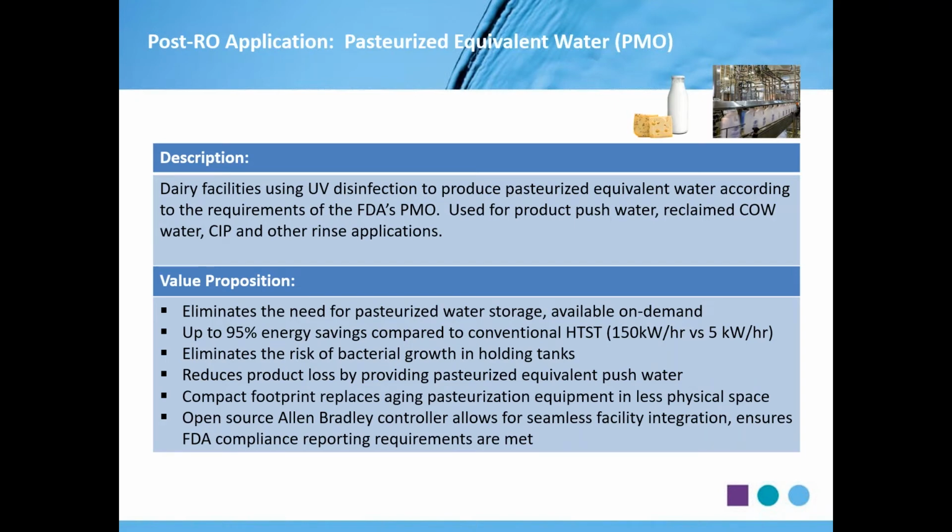So we see this in dairies for use as product push water, reclaimed cow water, CIP applications, and other rinse applications. As long as the UV is meeting all of the technical requirements of the PMO, it can be a great option for plants that are looking to produce that pasteurized equivalent water.